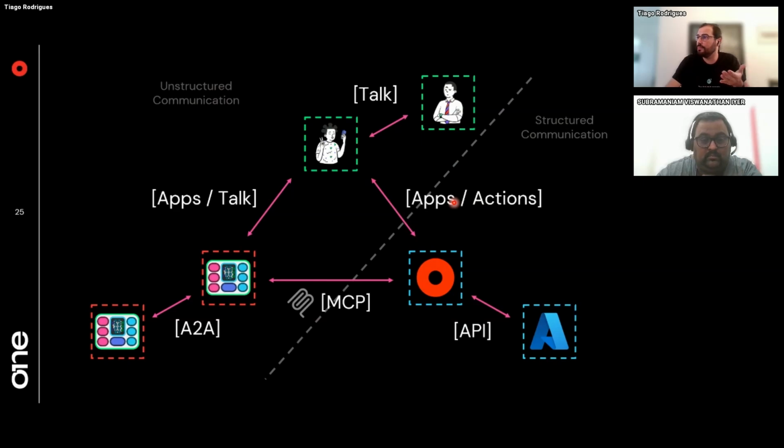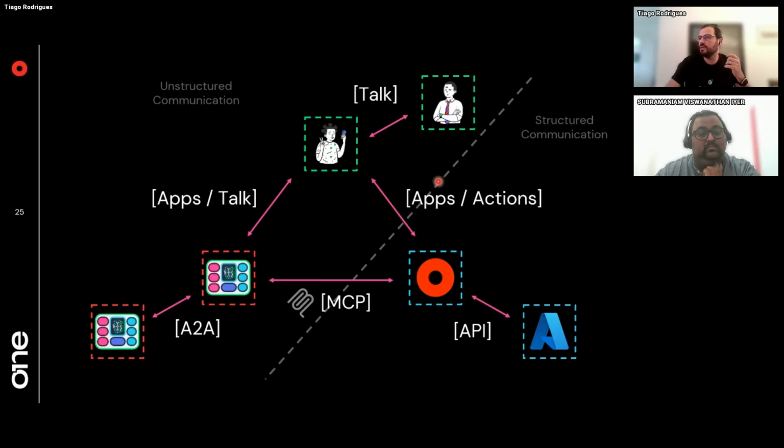We put a form. We don't put a big text box where we say to the system, "Hey, create an employee called Tiago that works for IT." It doesn't work like that, right? We create forms. Why? Because forms are a way to structure communication, right?